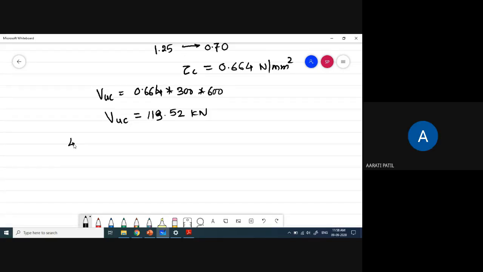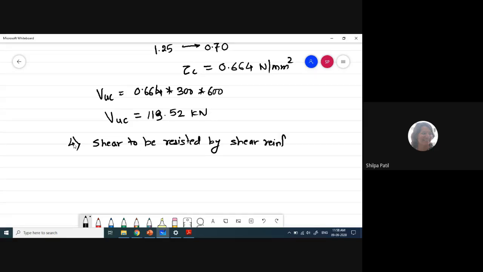Shear to be resisted by shear reinforcement. Correct. So what is the formula?